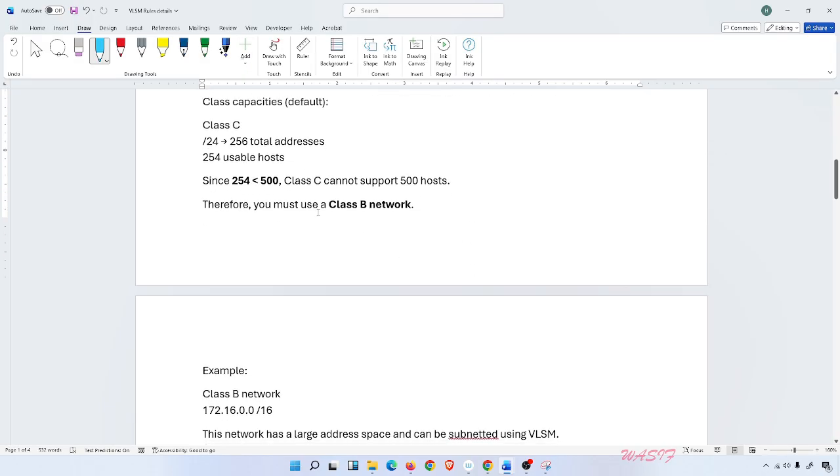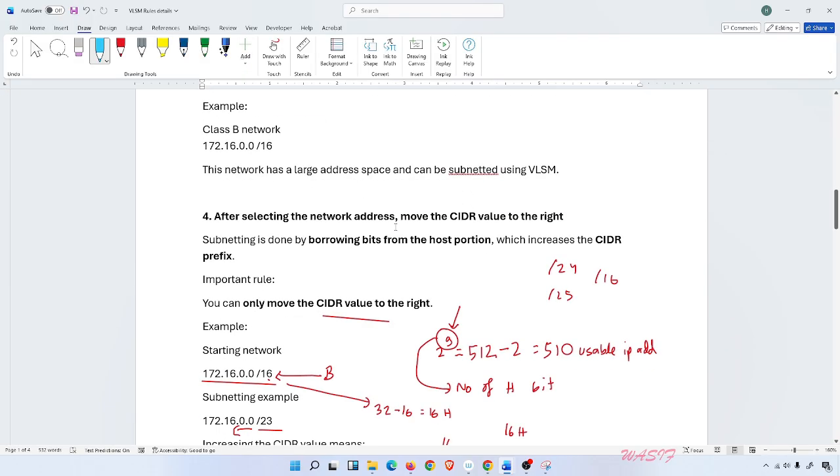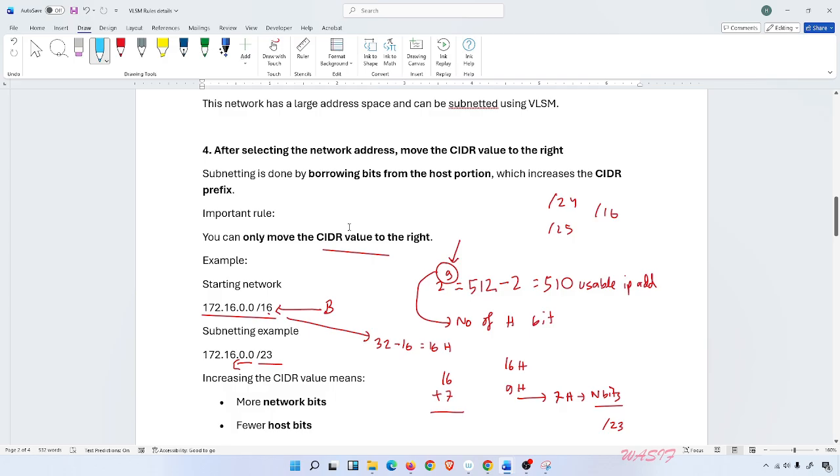Number 4, the CIDR value can move to the right only, so you cannot move it to the left. You can borrow bits from the host portions only, and your CIDR will move from left to right.